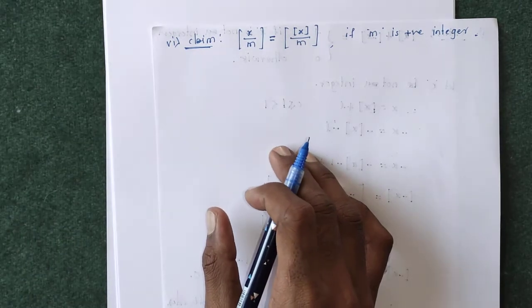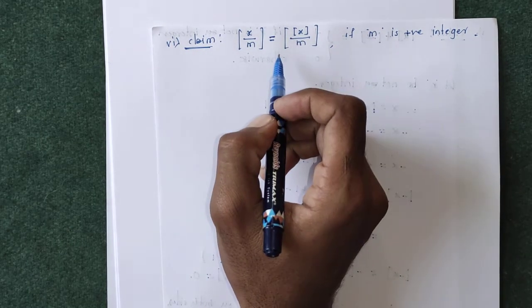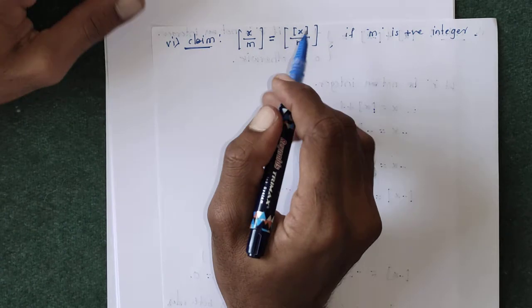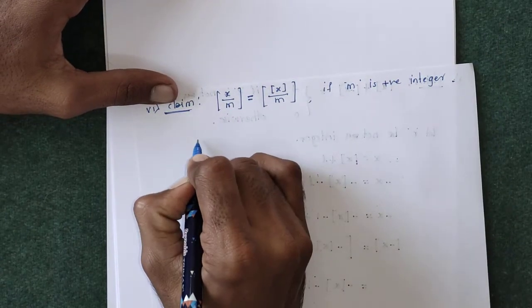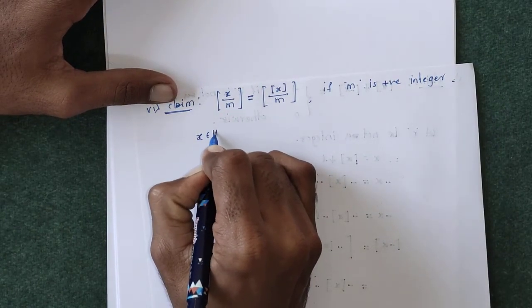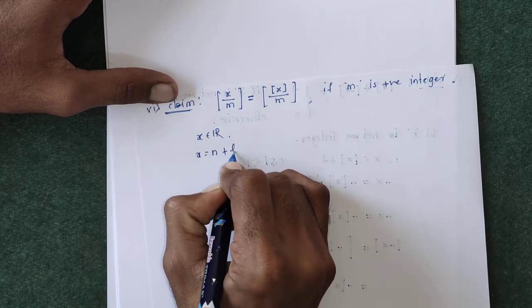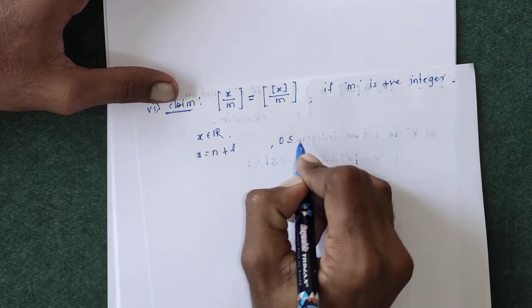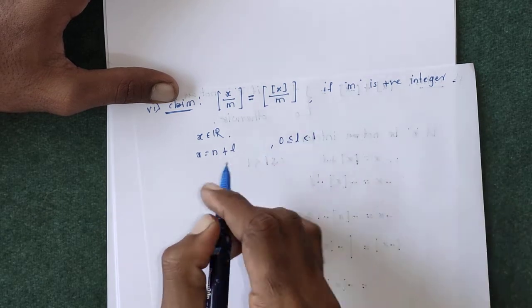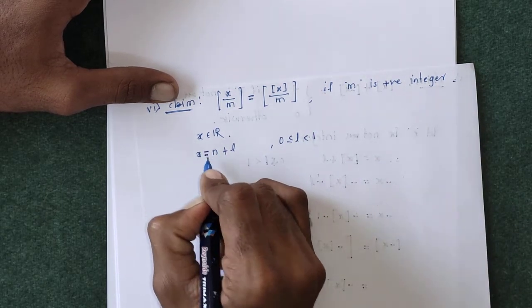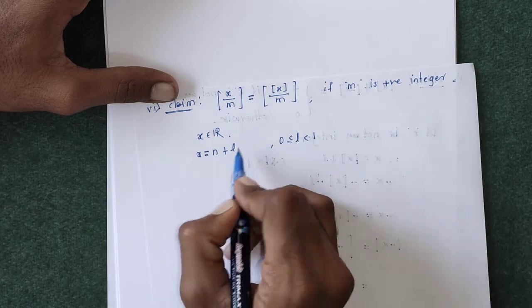Here x belongs to R, so x is in the form of n plus L, and L is in between 0 and 1.